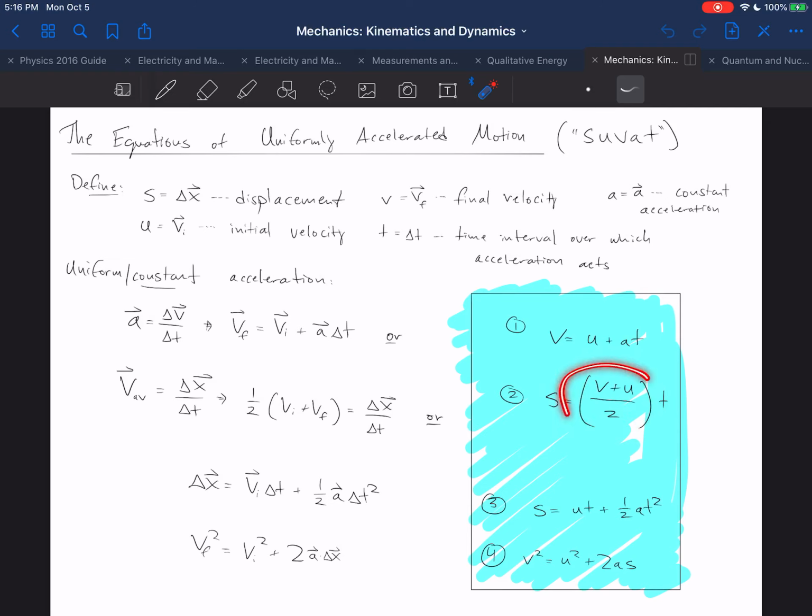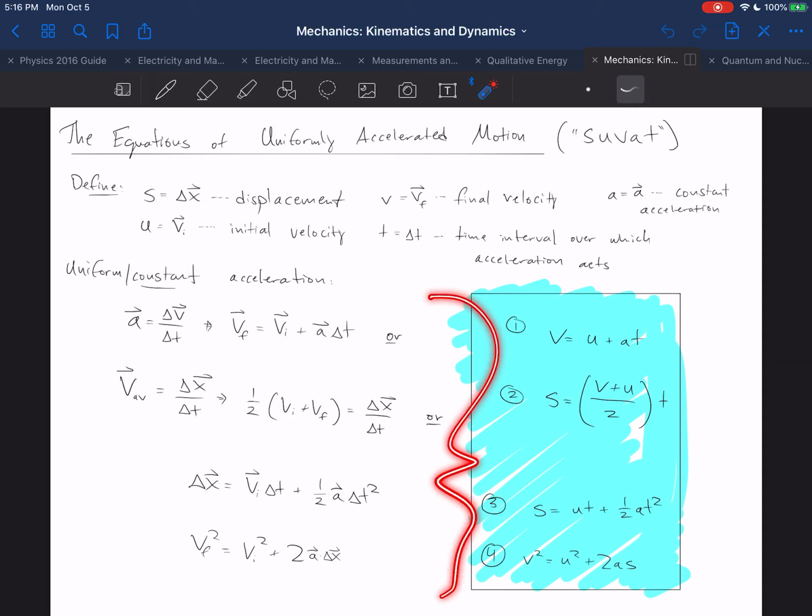Notice we're taking an average the old-fashioned way here, which we can do in constantly accelerated motion. So this is the final velocity plus the initial velocity divided by 2. That's what this quantity is. Then the total displacement is equal to the initial velocity times the time plus 1/2 times the acceleration times the time squared. And finally, the final velocity squared is equal to the initial velocity squared plus 2 times the acceleration times the displacement.